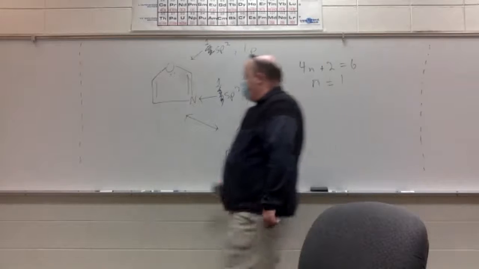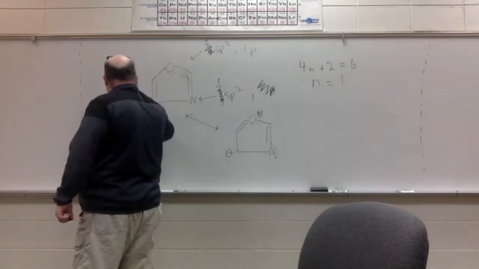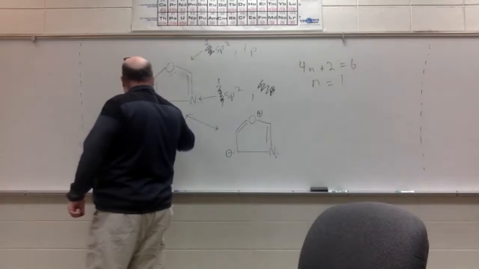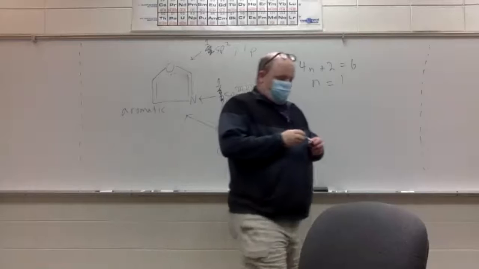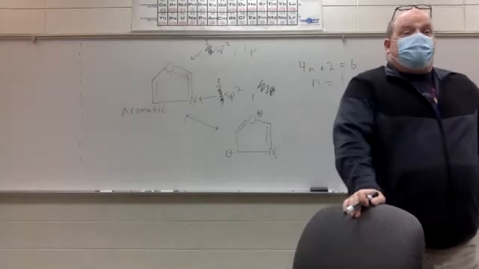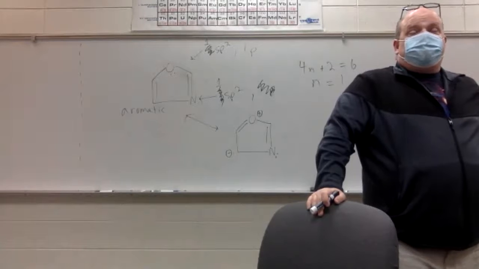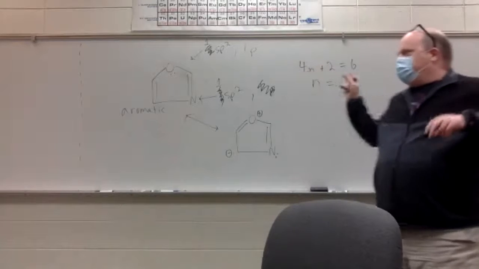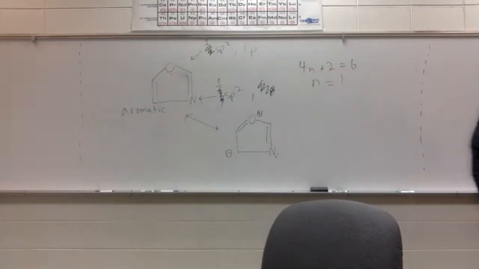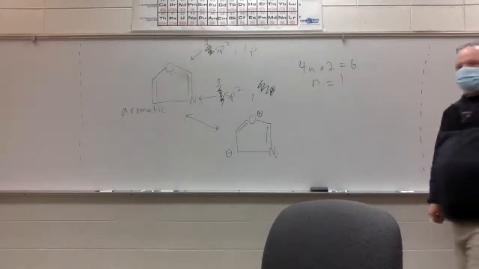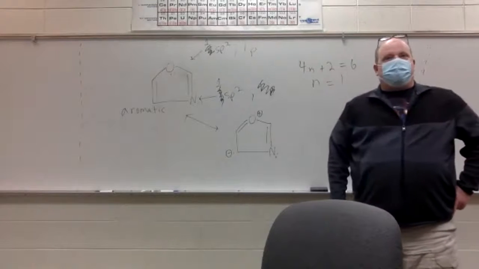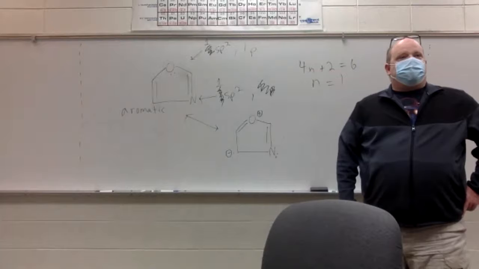So yes, this is an aromatic compound. Just a heads up, if n equals 0 works, then it also qualifies. So 0 counts as a whole number for this purpose. Okay? Does that make sense?